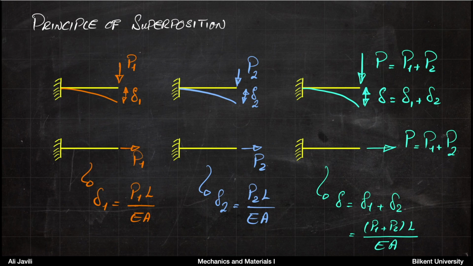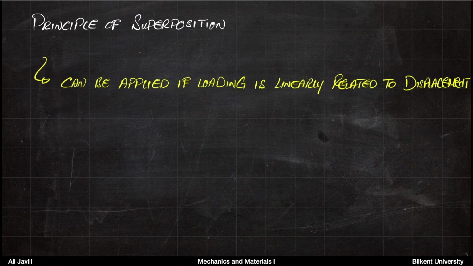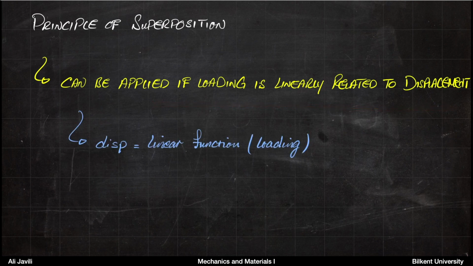So this is the idea. For axial loading, the way we discussed it and based on the assumptions that we make, we can apply the principle of superposition. But now we want to know why. So what are the limits of this principle and where can or can we not apply it? The principle of superposition can be applied if loading is linearly related to displacement. In other words, if you could write displacement as a linear function of loading, then you are allowed to apply the principle of superposition.